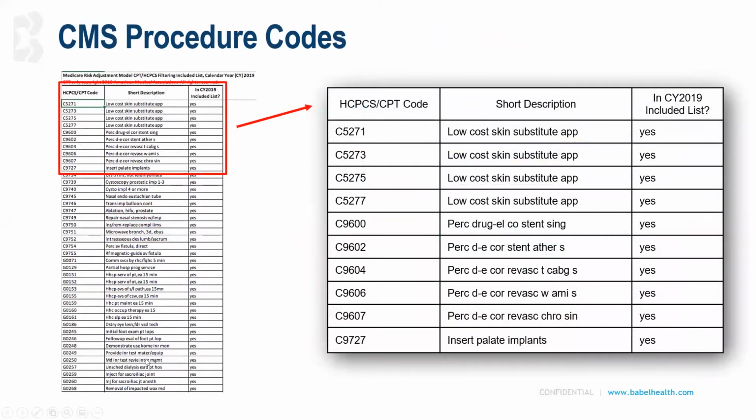When you download that actual list, you see it's pretty simple. It's 3 columns. It gives you a code, a short description, and whether it's included in the risk adjustment.